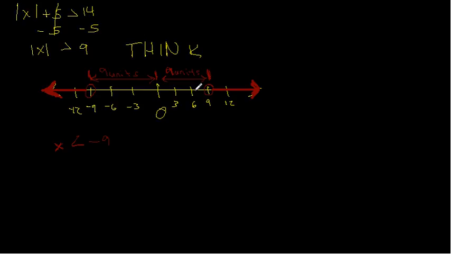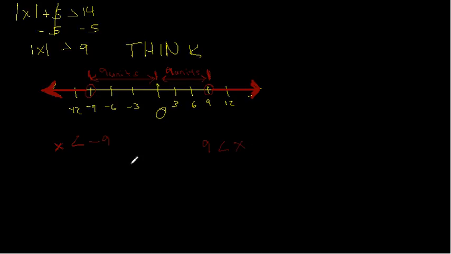Now let's go ahead and look at the other side. Starting with positive 9, x is moving in a more positive direction. The values of x are getting larger. So 9 is less than x, or x is greater than 9.